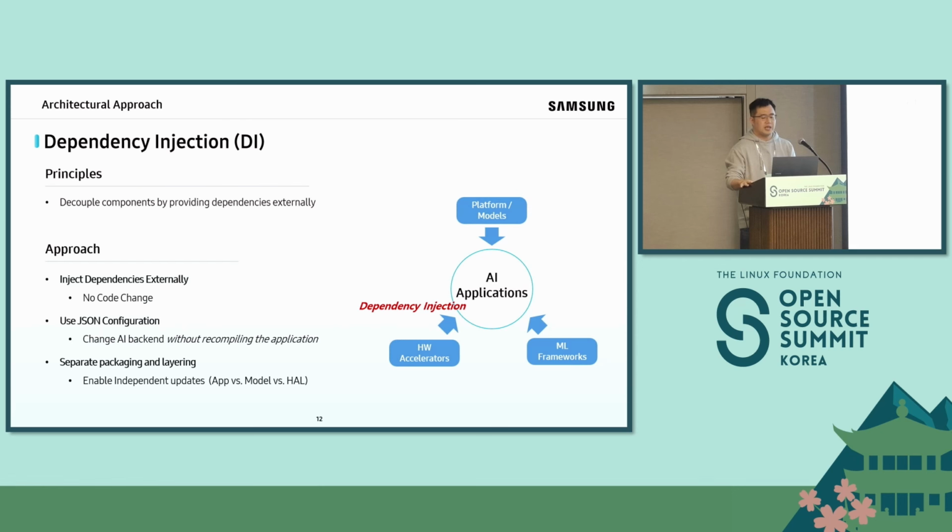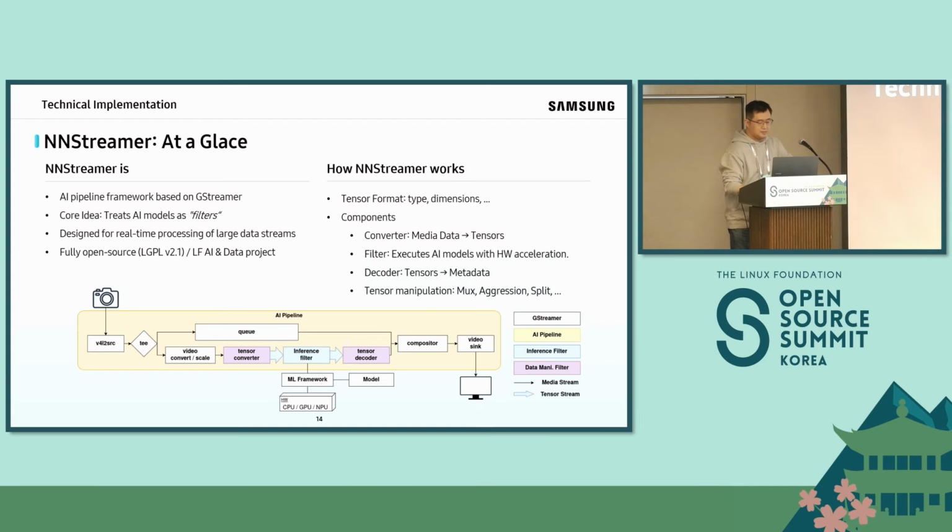Model developers can also use a JSON configuration file to define specialized settings. As a result, the AI backend can be changed without any modifications or rebuilding of applications. Finally, by physically separating each component into distinct packages and layers, it is possible to update them independently without impacting one another.